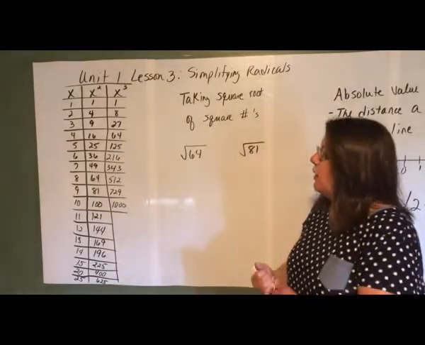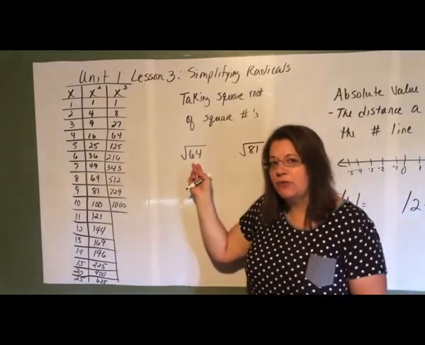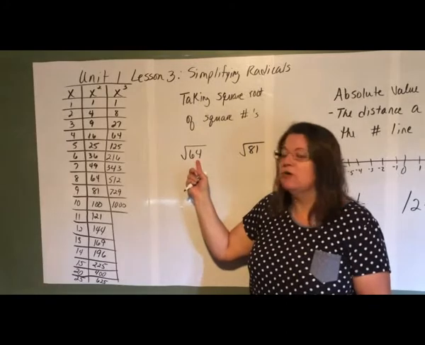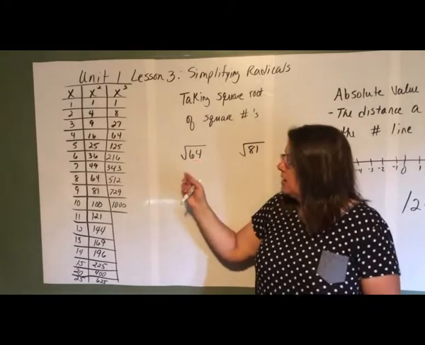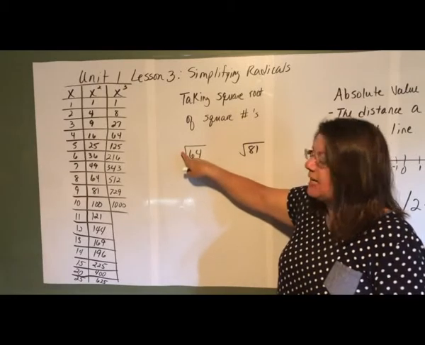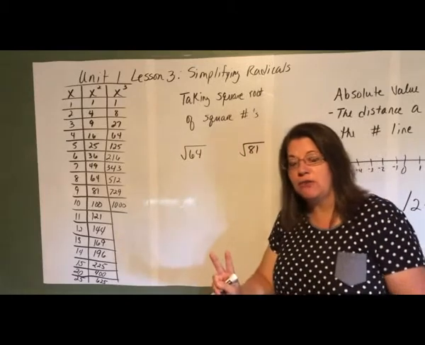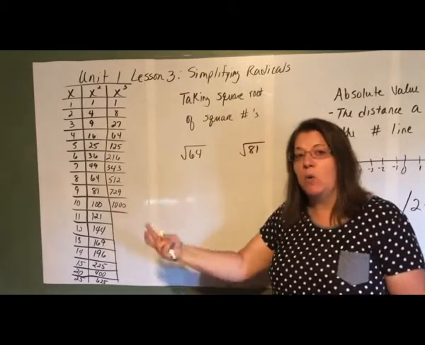But basically, a square root means they're asking you what times itself will give you the number underneath that square root. This is your square root symbol. If there's no number right here, then your root is 2. In other words, you need 2 factors of the same thing to be able to bring it out 1 time.